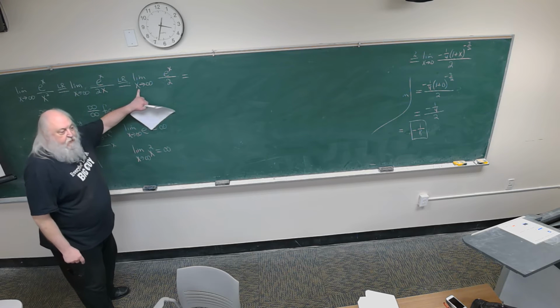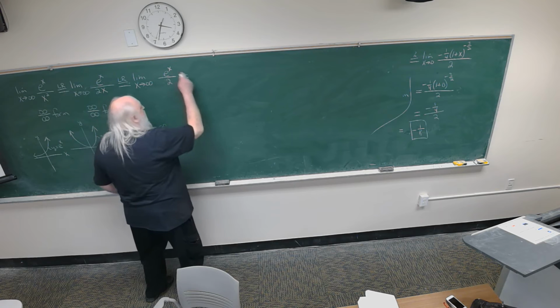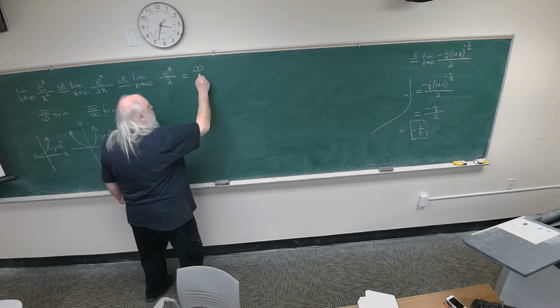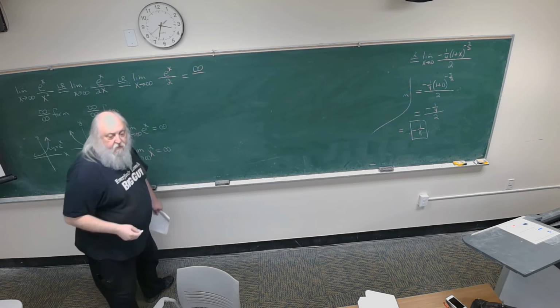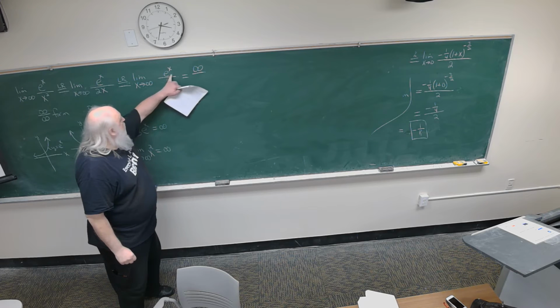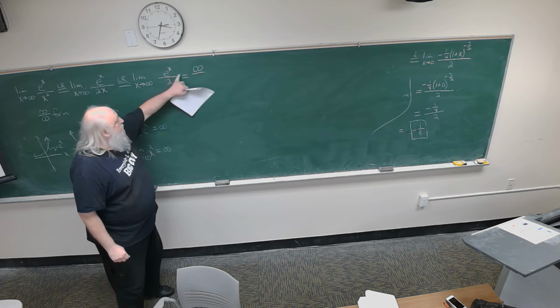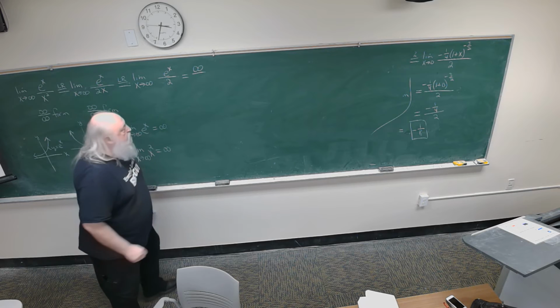So as x increases without bound, e to the x increases without bound, and we can write infinity to represent that. As x increases without bound, e to the x is increasing without bound.